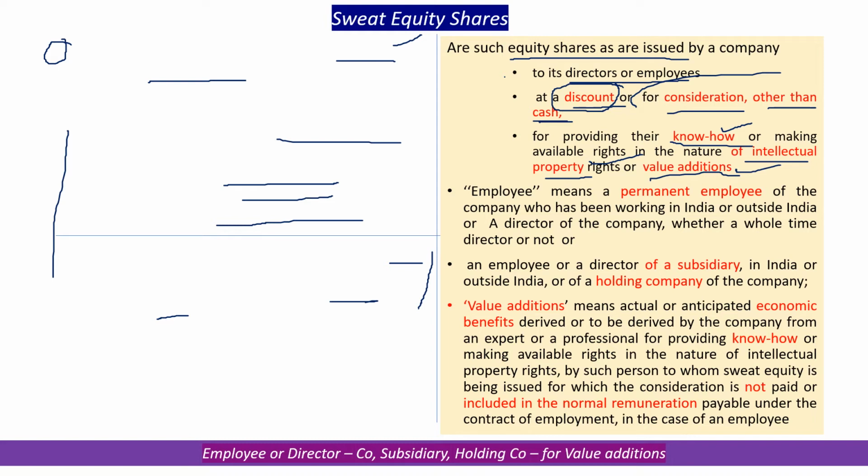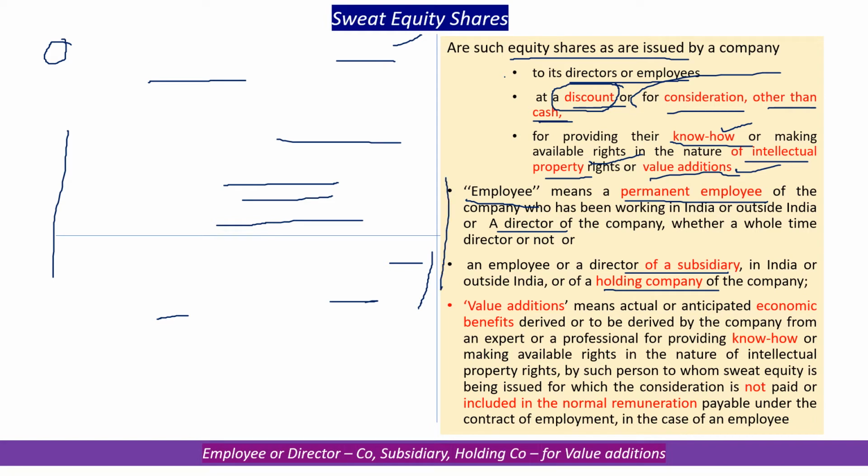Who is an employee? We said it should be an employee or director. An employee must be a permanent employee on the regular rolls of the company. And who is a director? A director of the company, and he can be a director of a subsidiary also, or a director of a holding company also, but he cannot be a nominee director, or an independent director.